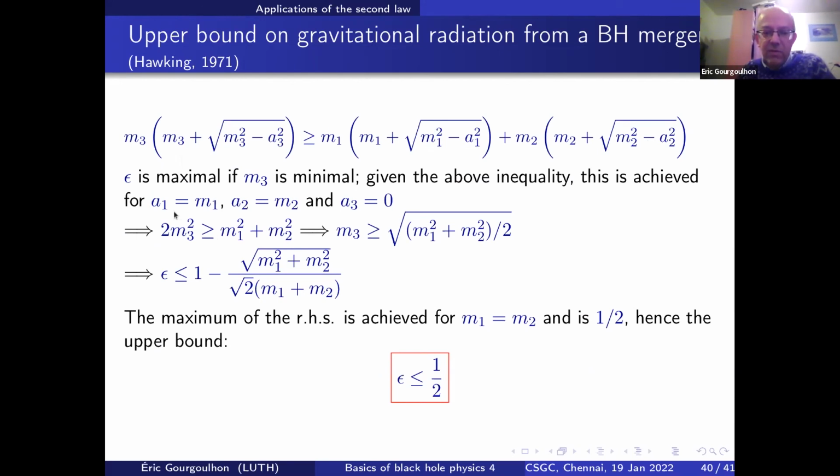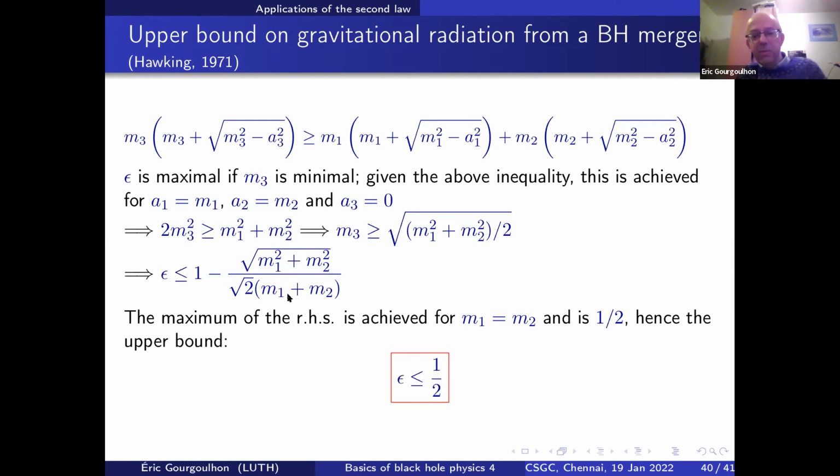So we assume this, and then also to have M3 minimal, we have to cancel A3 here. So we get that 2M3 squared is larger than M1 squared plus M2 squared, which implies this. And then this implies this upper bound on the energy gain in gravitational waves. Okay.